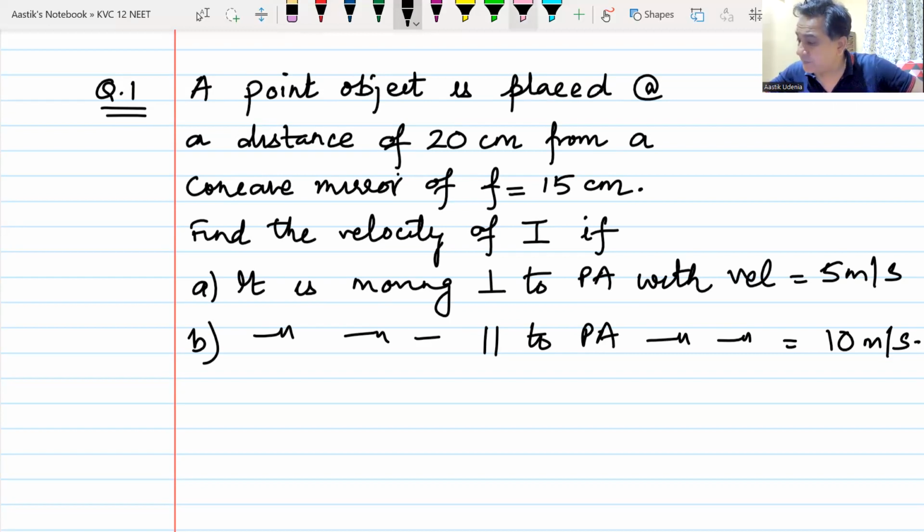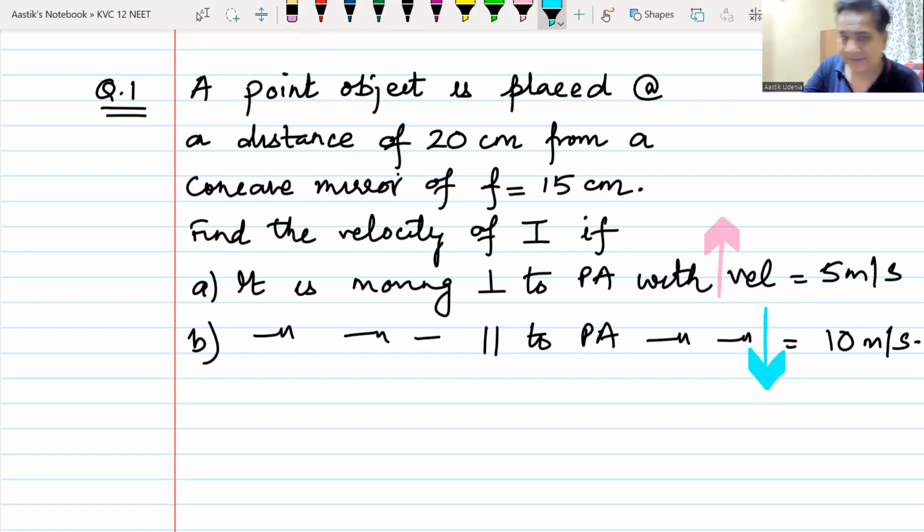In the first case, it is moving upwards. In the second case, it is moving downwards. Do we understand this? You have 2 minutes to solve this one.